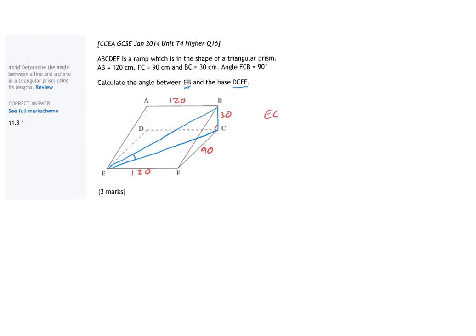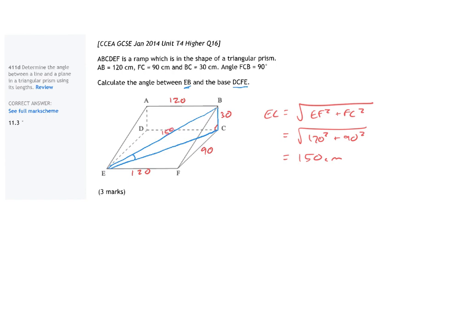So EC is going to be equal to the square root of EF squared plus FC squared, which is the square root of 120 squared plus 90 squared, which should work out to be 150 centimeters. So I will write that onto my diagram here, 150.